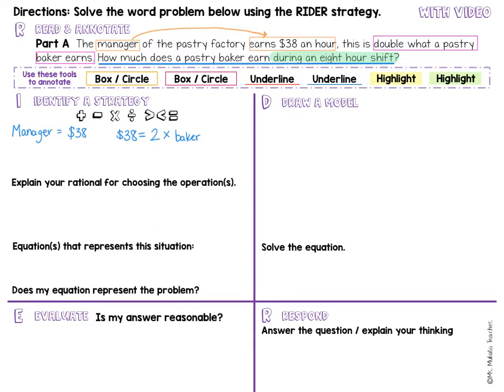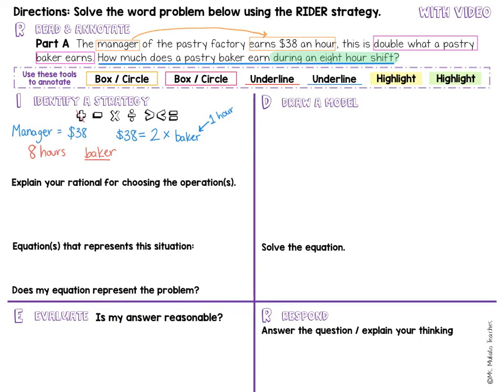Now let's finish reading the last sentence, the question. How much does a pastry baker earn during an 8-hour shift? So this is how much the baker would earn in 1 hour. So let's write this would be 1 hour. But a shift is 8 hours. So our second part of the problem would be that for 8 hours we would need to figure out how much the baker earns in 8 hours. So we would take how much the baker earns in 1 hour, and would we add 8 hours to it?